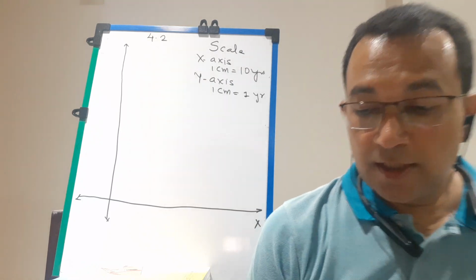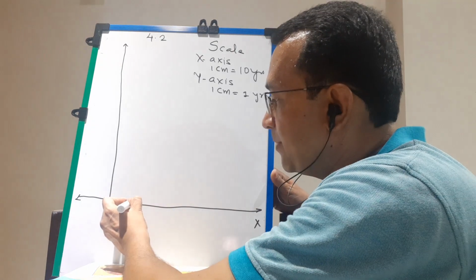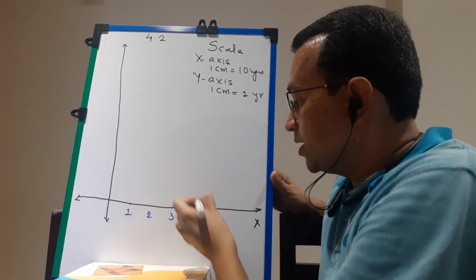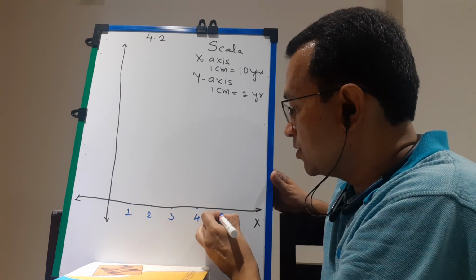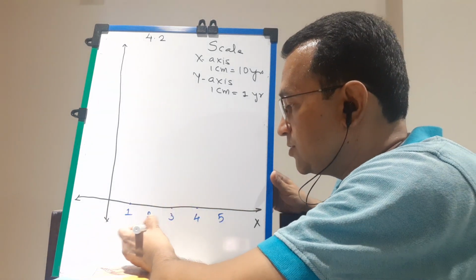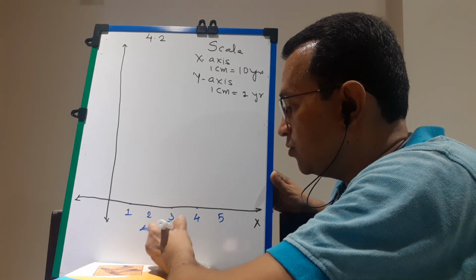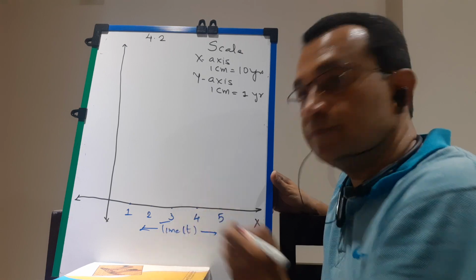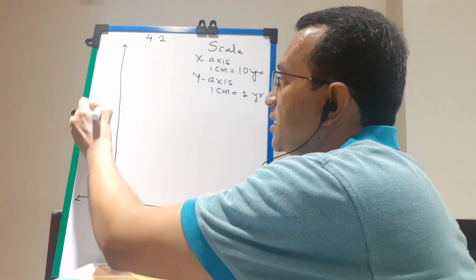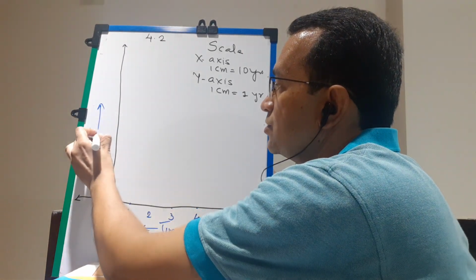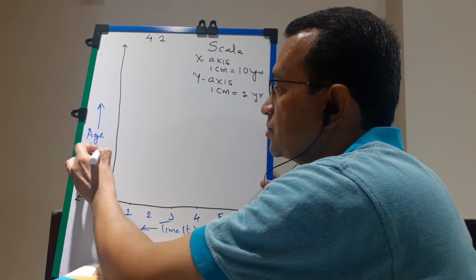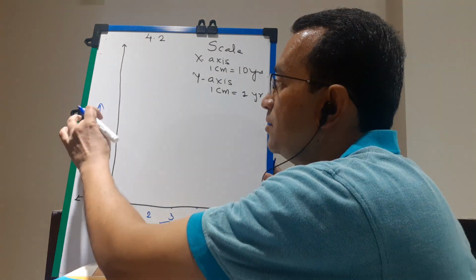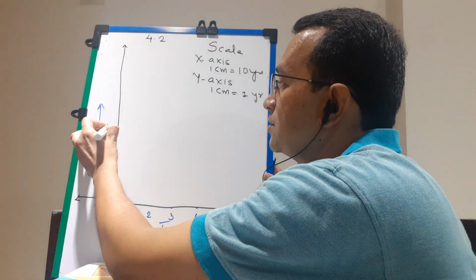Now students, for x-axis we have equal gap 1, 2, 3, 4 and 5, and on x-axis we have time period t, that all of you know. Then on y-axis we have age in years, that is the value of variable yt.